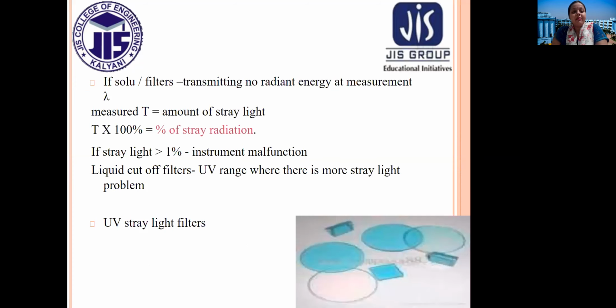If a solution or filter transmits no radiant energy at the measurement lambda, then the measured T will be the amount of stray light. If stray light is greater than 1%, then the instrument will malfunction. Liquid cutoff filters are used in the ultraviolet range where there is more stray light problem.